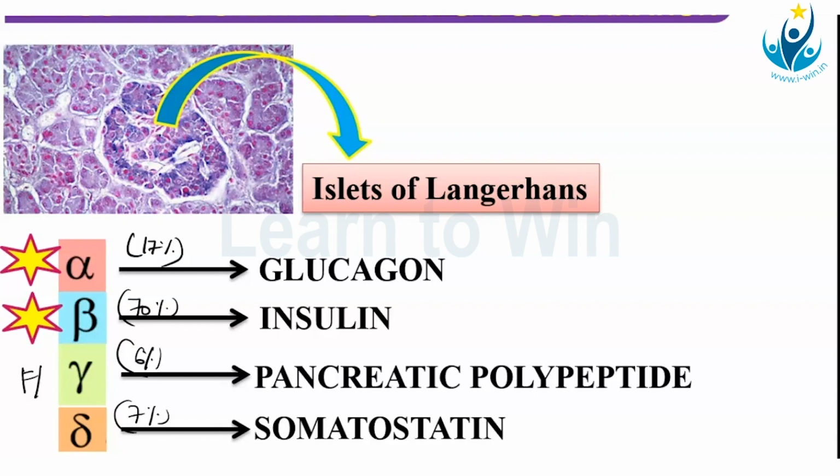Now, glucagon and insulin are two hormones which are opposite to each other. They have an antagonistic approach, and both of them are known to control blood sugar, but they have opposite effects. So let us see how that happens.